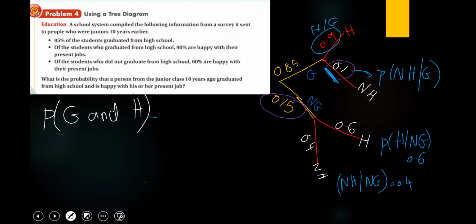So the probability that is graduated and happy is the probability of, where is graduated and happy? Which branch am I talking about? Graduated and happy, I'm here, the upper one. It's 0.9.